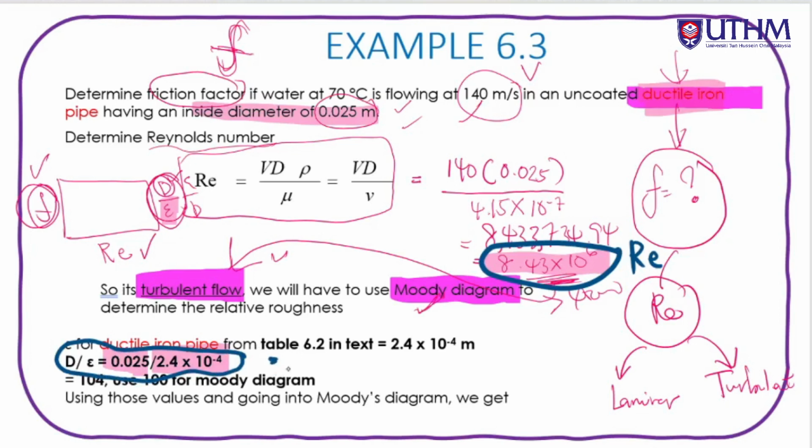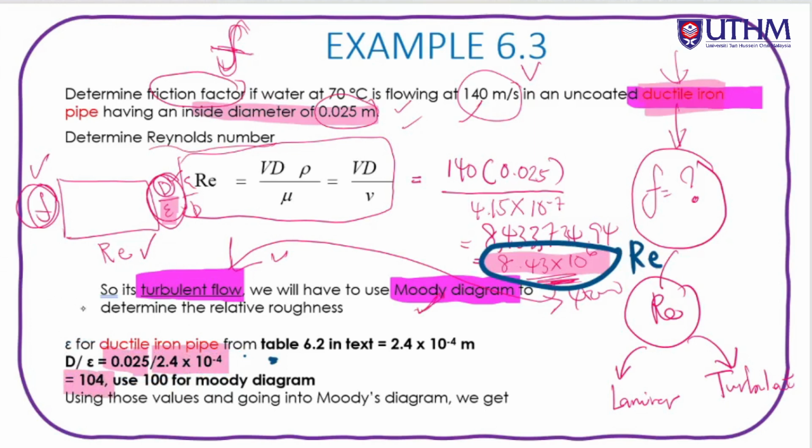Sekejap saya nak hitung. 0.025 divided by 2.4 times 10 to the power of minus 4. Okay, you guys should get around 104. Oh, dah ada dah kat sini. Okay, so 104 dekat sini.